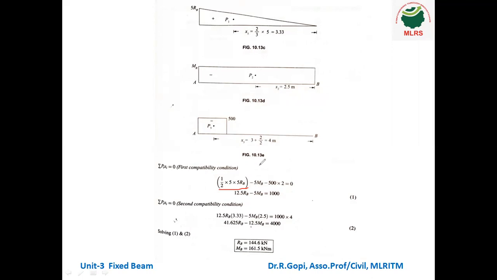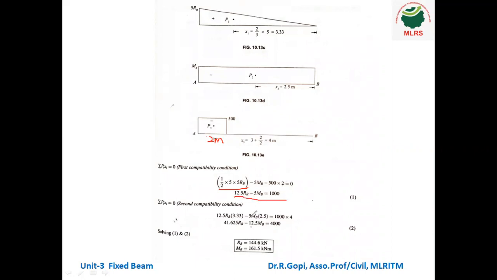Length is 5 meter and height is MB. So next, the third diagram area. So 500 into 2 meter. Here you can see they didn't mention the distance of the block. Okay, length of the block is 2 meter, because the moment is acting at 2 meter from A. So we arrived at the first equation.